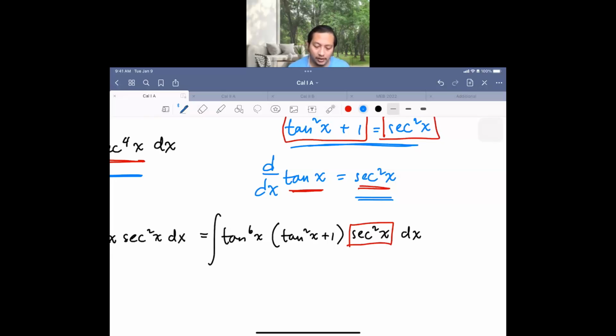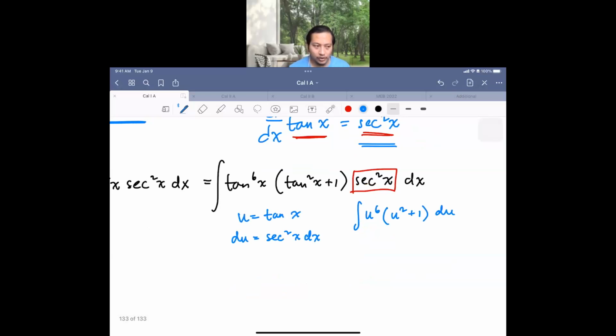And if we let u be tangent x, and our du will be secant squared x dx. And we are going to cancel the secant squared x, right? So we will have the integral of u^6 times u squared plus 1 du, and we are going to get u^8 plus u^6, right?